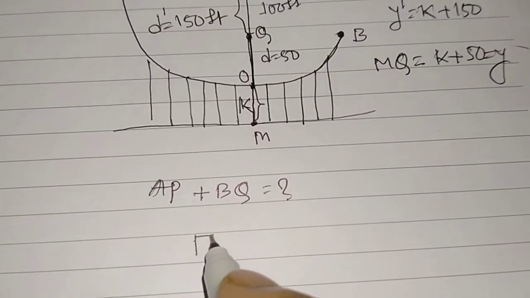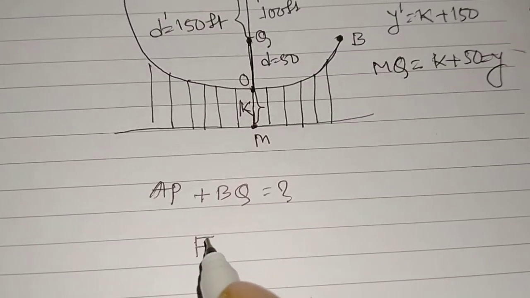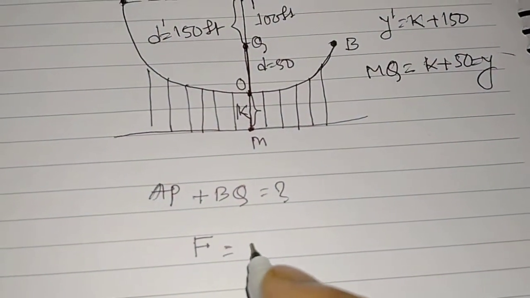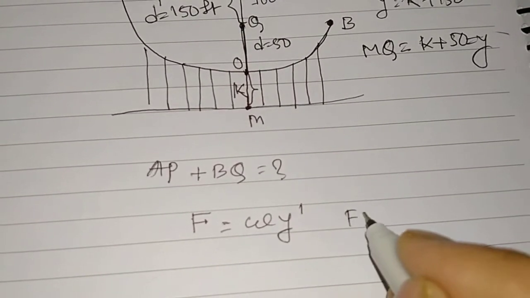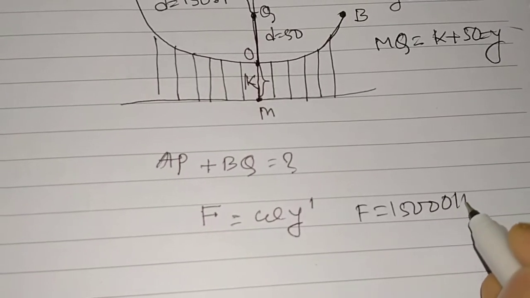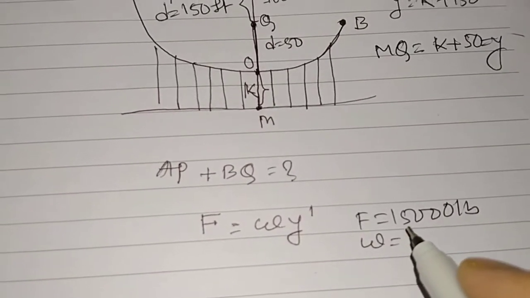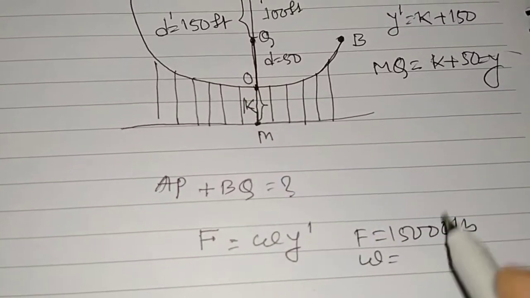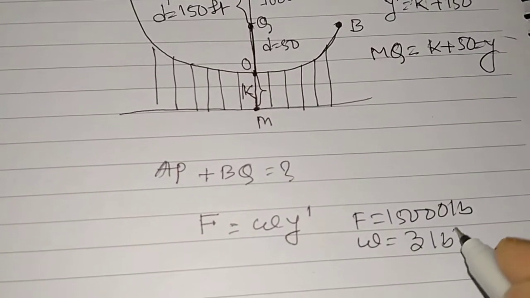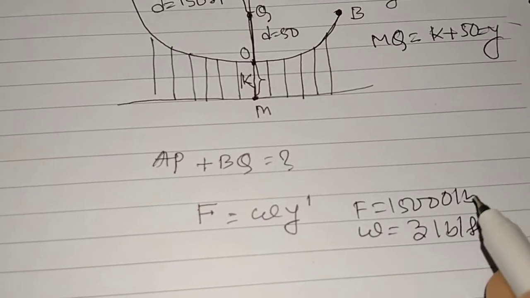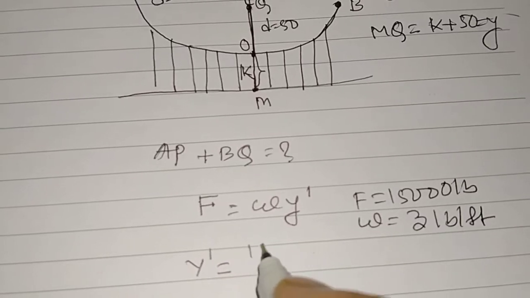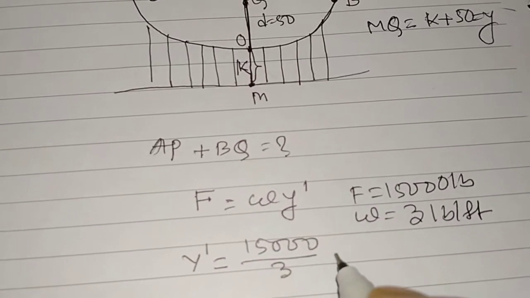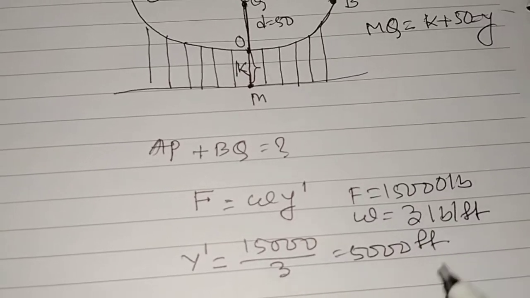Viewers, we can write for the catenary the maximum tension F for the upper support, F equals W Y prime, and we know that F equals 15,000 pounds and W, the weight of the cable per foot, is equal to 3 pounds per foot, and we put the value here to get the value Y prime. 15,000 divided by 3 equals 5,000 feet.